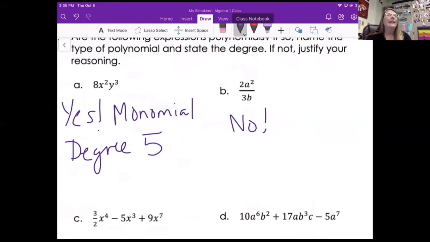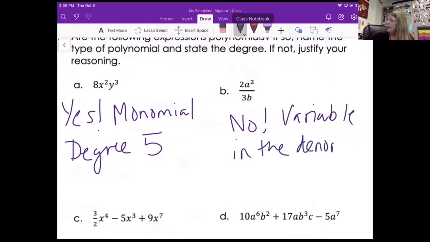Specifically, it has a variable in the denominator. So I want you to be careful. Just because it has a fraction does not mean that it's not a polynomial. I care that it specifically has a variable in the denominator of the fraction. That key thing is the only thing that's going to make something not a polynomial.